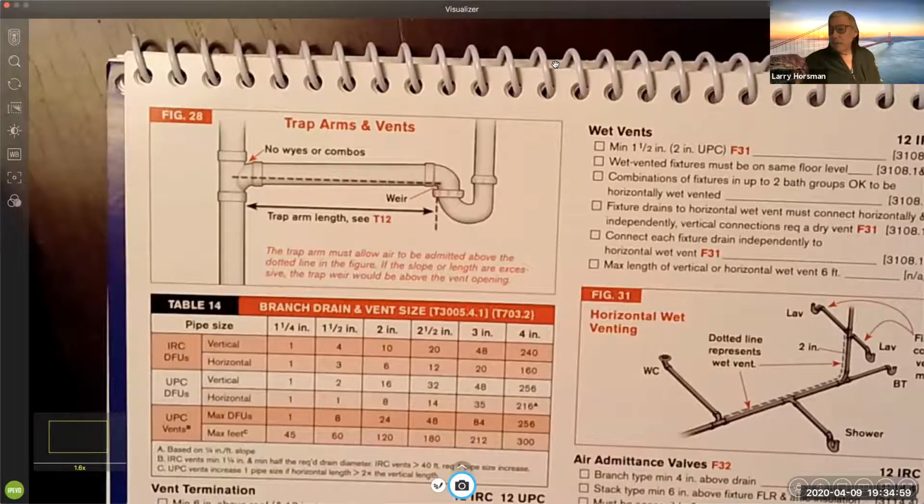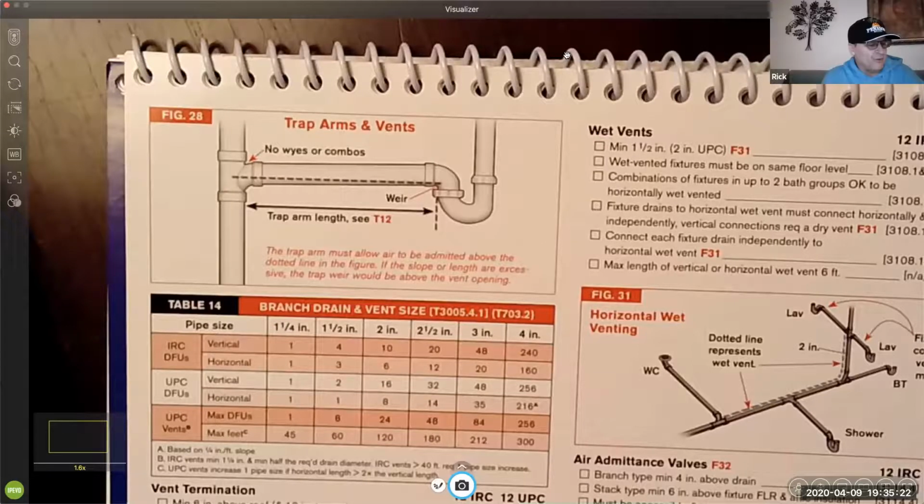That's why sometimes they tell you if you're going on vacation, have somebody come over and pour some water in your sink, for example. That's because that trap seal will evaporate over time. And then you may get sewer gas, methane, inside the house or building, and you don't want that.